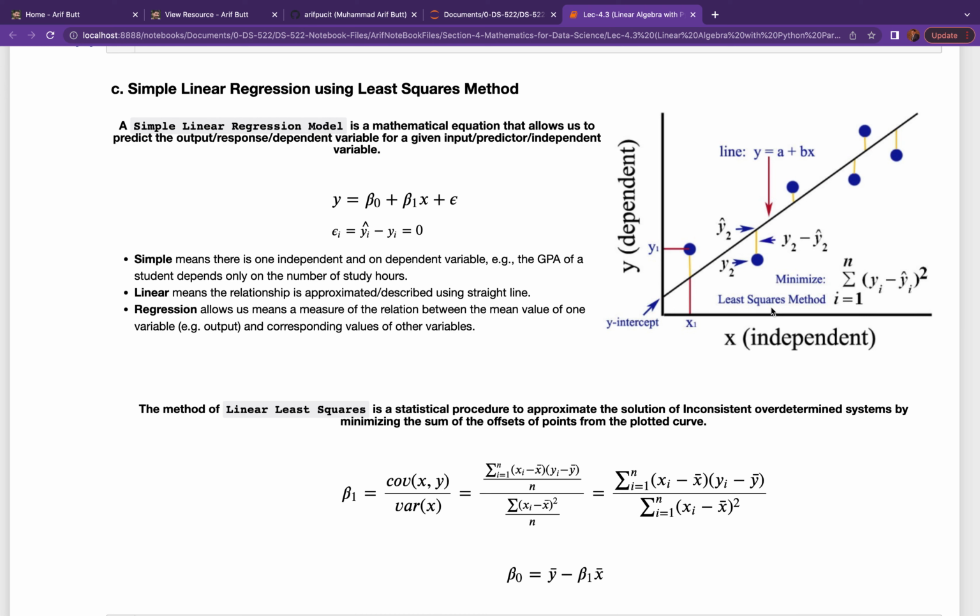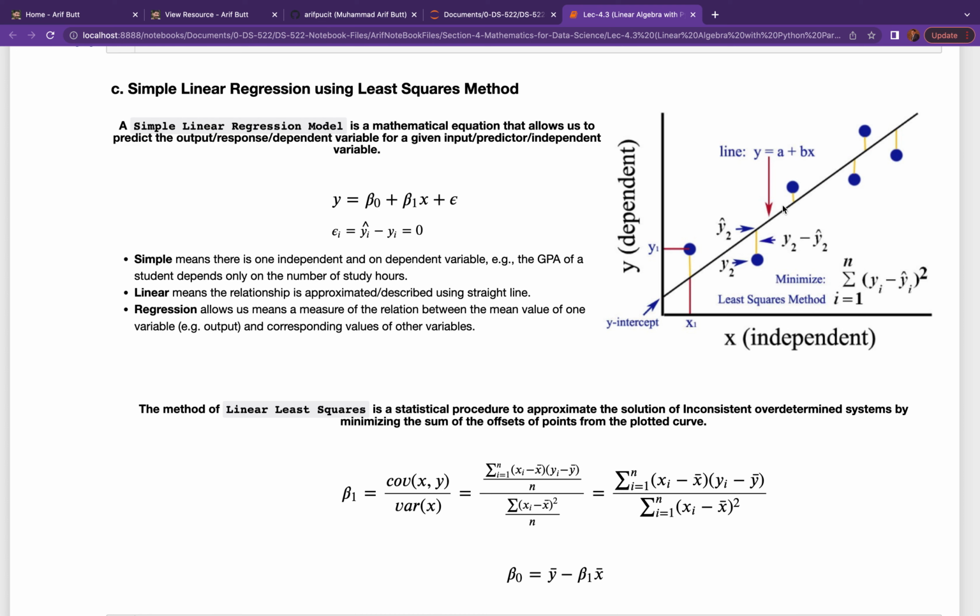So the teacher has kept the GPA along the y-axis and the study hours along the x-axis. Now this is an overdetermined system because there are 2 variables, and to plot a line we just need 2 points. While over here we have 6 different points. And moreover, this seems to be an inconsistent system as well, because it appears that there is no straight line that can pass through all these points.